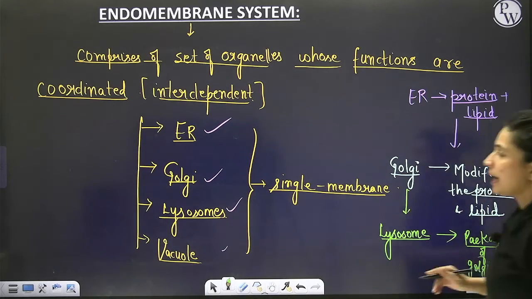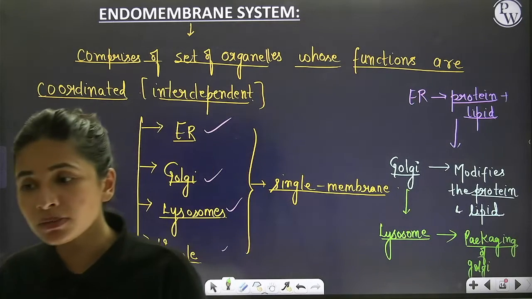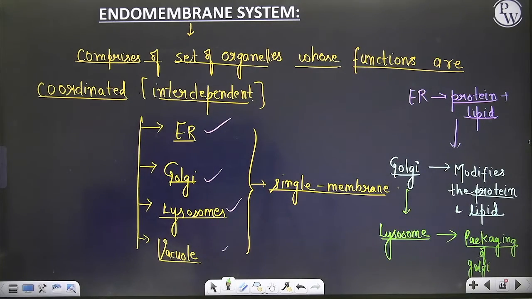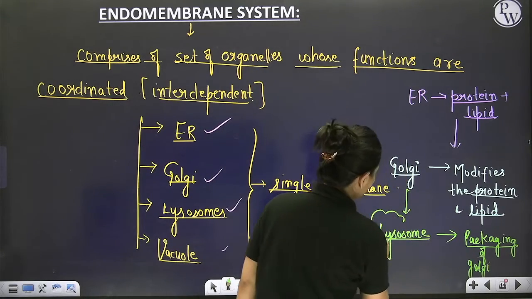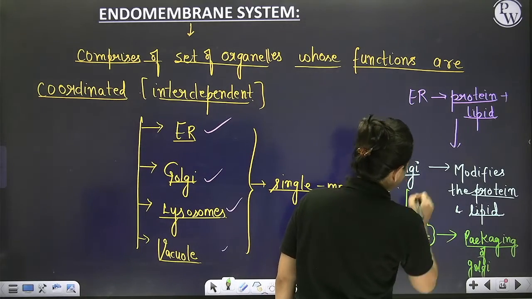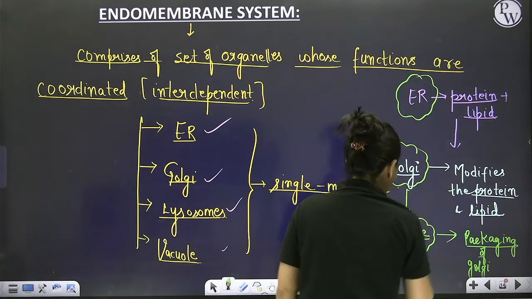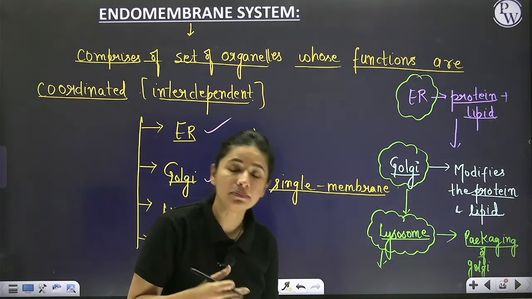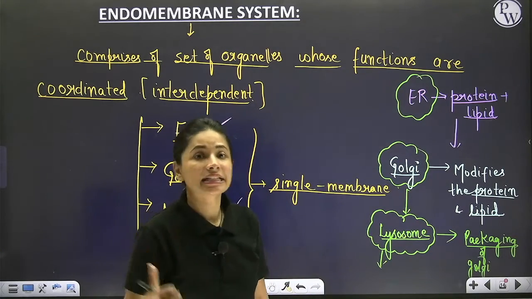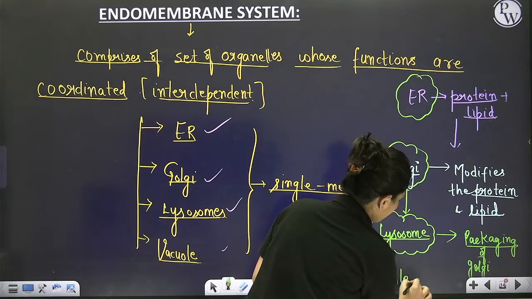Yes or no? And now, what is the role of lysosomes? Lysosomes are responsible for the digestion of material. So at last, after digestion, whatever undigested portion is left gets temporarily stored in the vacuole.